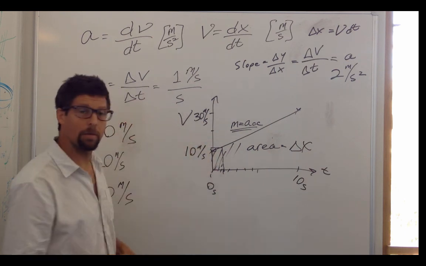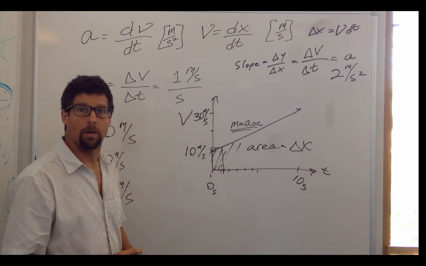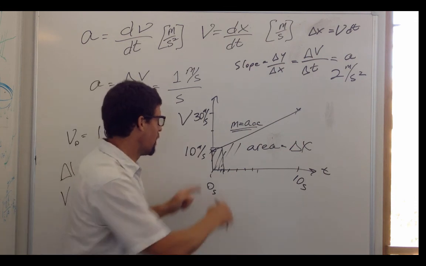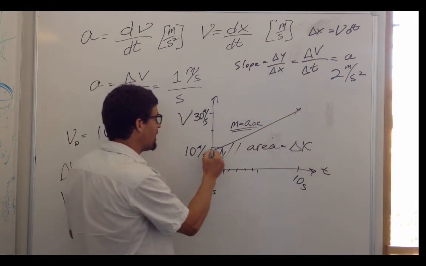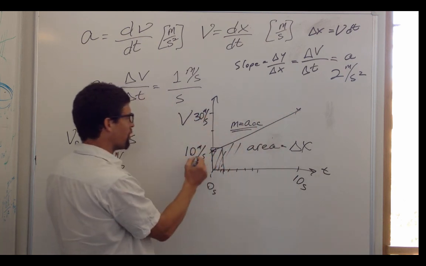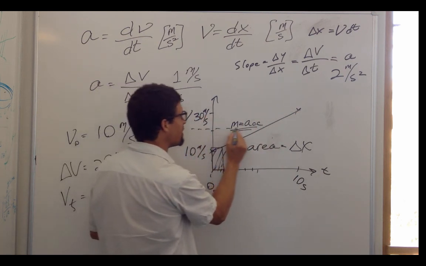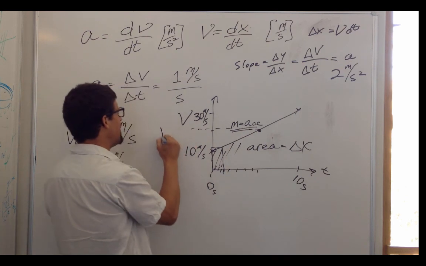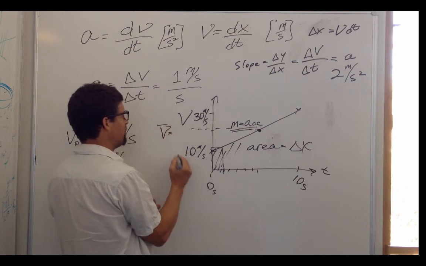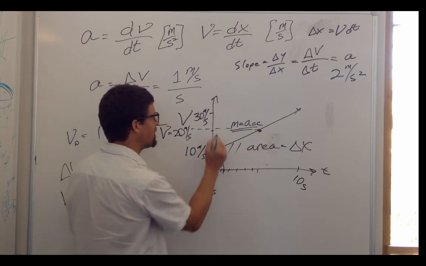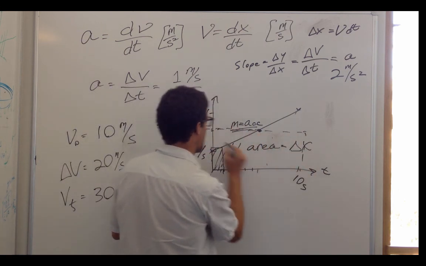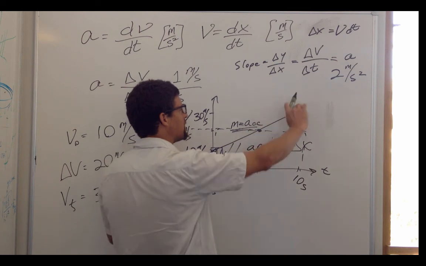And I could just use a trapezoid, 1/2 the length times the average height, right? Or I could take these 2 points, 30 meters per second, 10 meters per second, and say, wait, this is the average speed. The average speed is 20 meters per second, halfway there, and I can see that this area here is the same as that area.